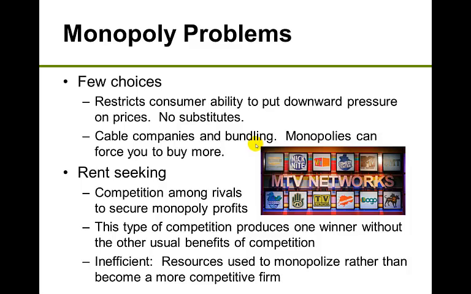A lot of times you will see this with lobbying. Companies will pay lobbyists to try and get laws passed that restrict competition. And this is inefficient. So we don't like resources being used to try and establish monopoly power. We want them used to trying to produce better products that consumers would enjoy.